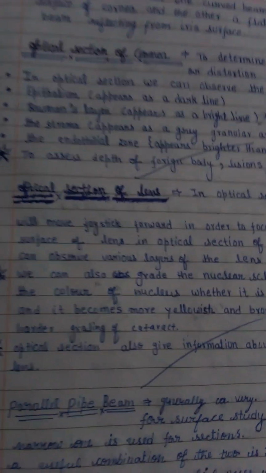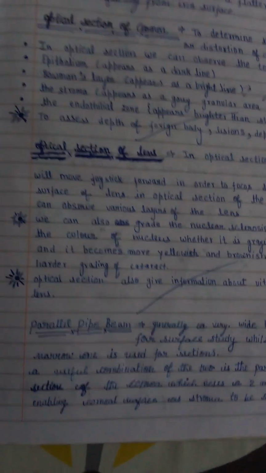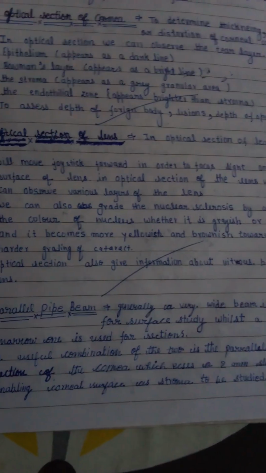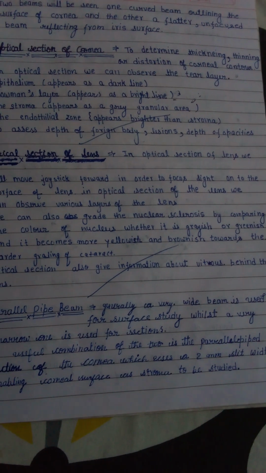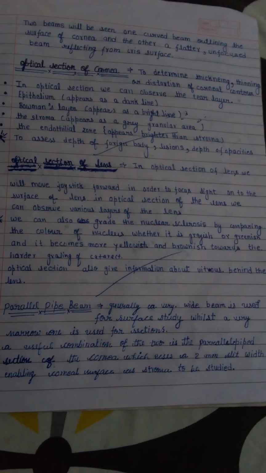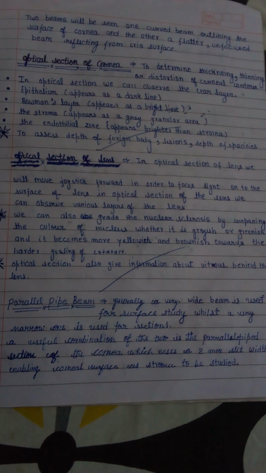So we will take an optical section of the lens and direct our illumination system onto the lens, and we will make an optical section of the lens. Then we will move the joystick forward in order to focus light onto the surface of the lens, and we can observe the various layers of the lens.